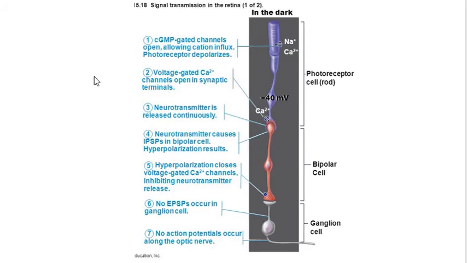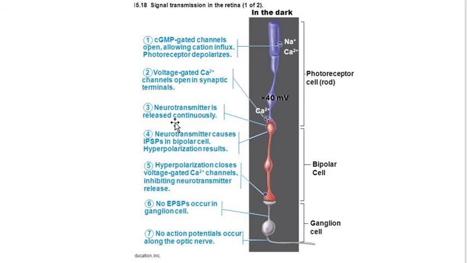So again, in the dark, cGMP-gated channels open, allowing cation influx and photoreceptor depolarization. Because of that, the voltage-gated calcium channels open in the synaptic end, the one that is synapsing with the bipolars.